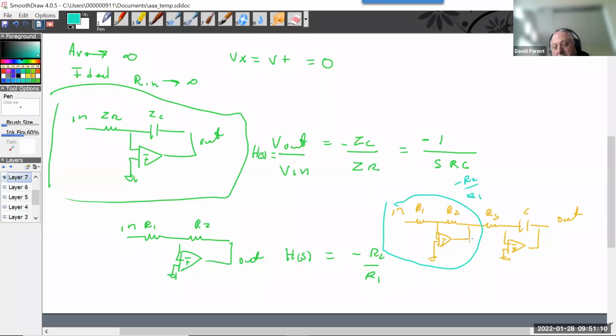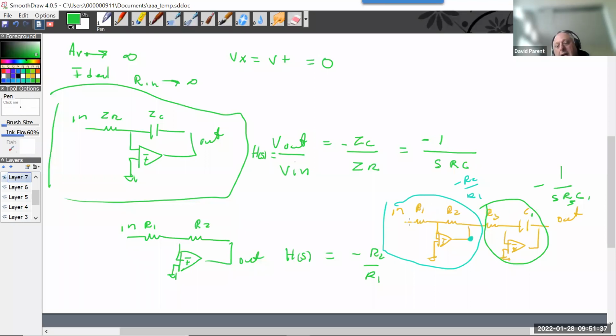I can give this a name, this is V in and that's V out, right? But this first gain stage is that. This second stage, excuse me, is minus, and that's 3, we can call that 1, all right?